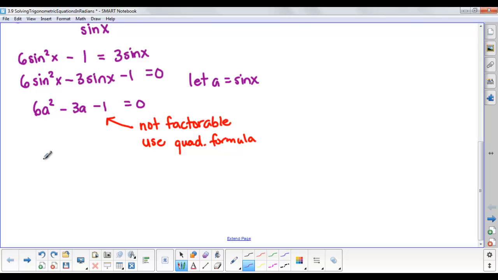We want to solve for a here. So this time a equals negative b plus or minus the square root of b squared minus 4 times a times c, so 4 times 6 times -1. That'll give us positive 24 all over 2 times a, so 12.